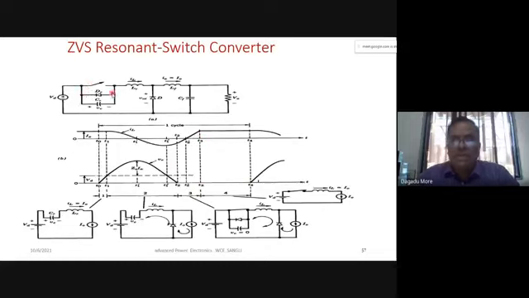So as the switch is on, our diode is off, and whatever VD voltage will appear across the output.